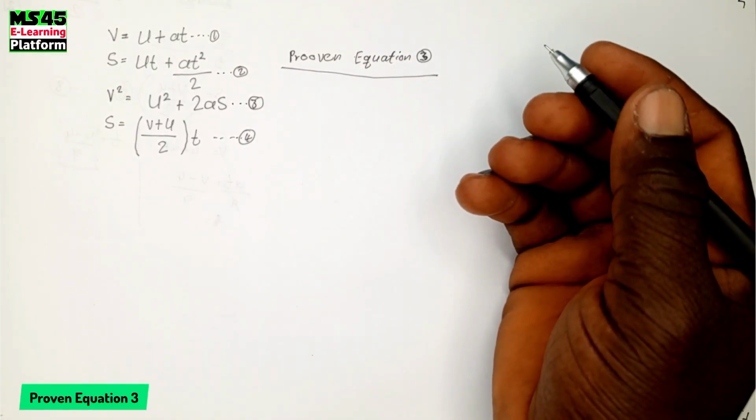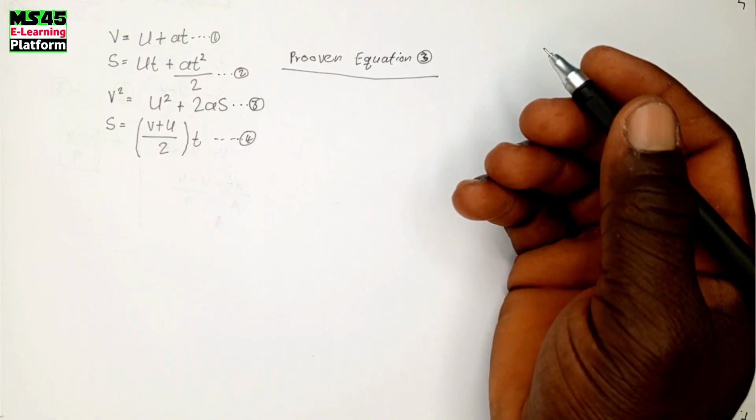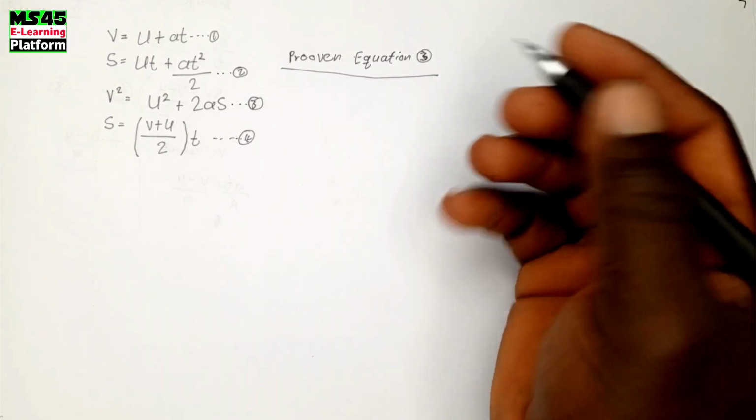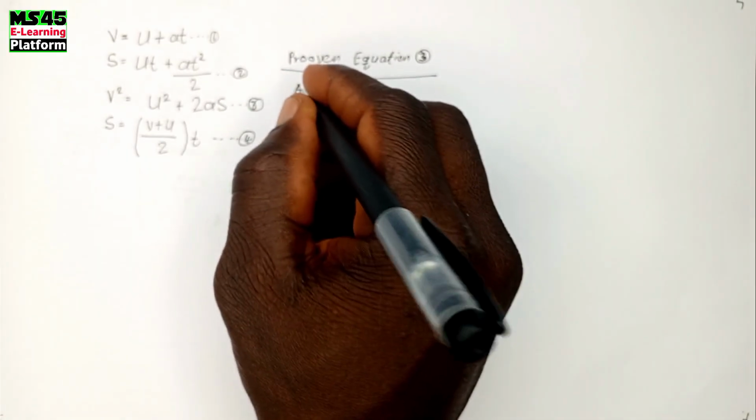We know that average velocity can be expressed as total distance over total time taken, right?